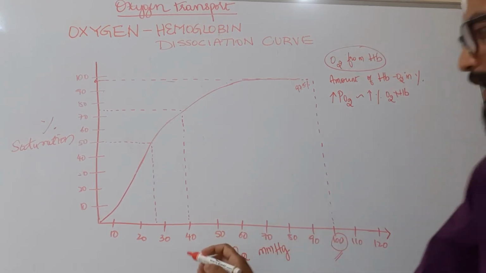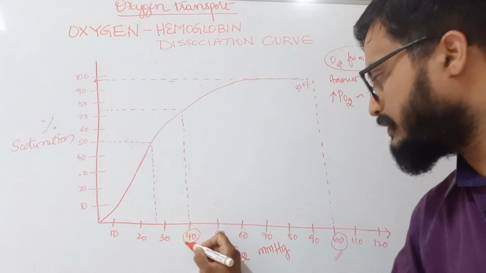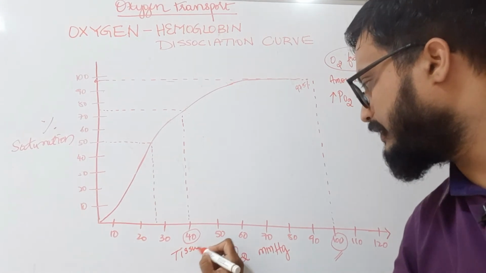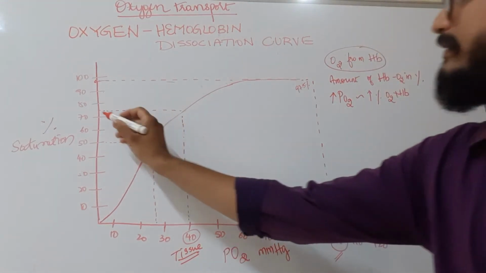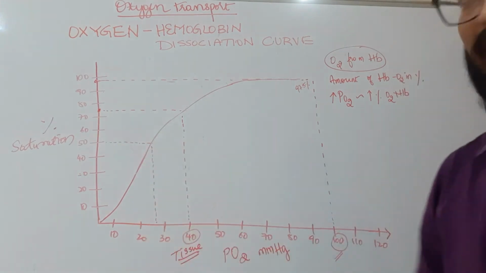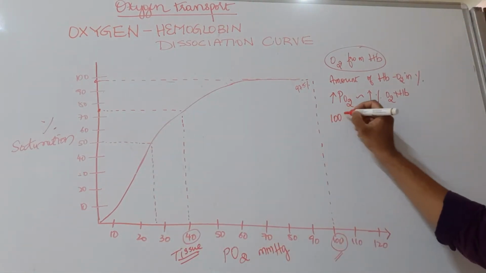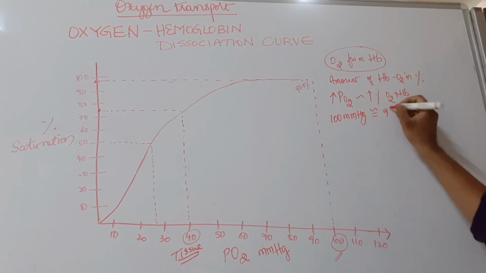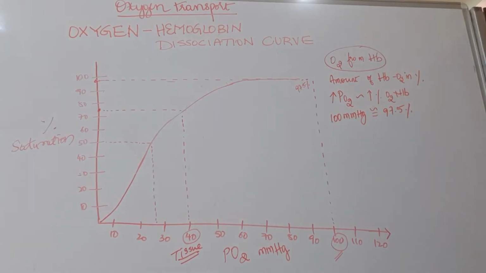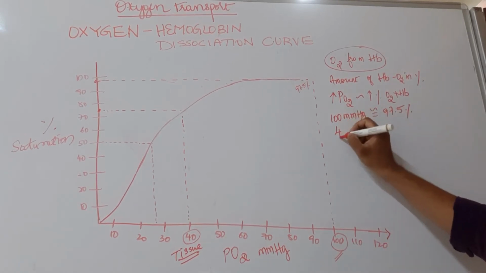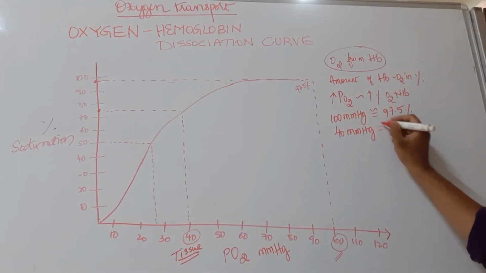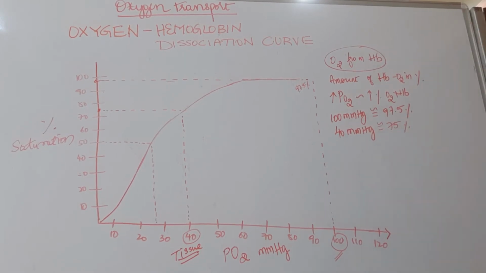Even at a partial pressure of oxygen of 40 mmHg, that is the partial pressure seen in the tissue, the percentage saturation is about 75. So at 100 mmHg there is a saturation of 97.5%, and when the partial pressure decreases to 40 mmHg at the tissue level, it is still 75% saturated.